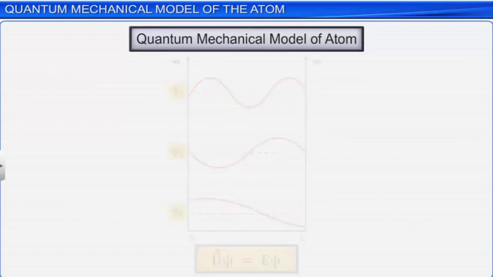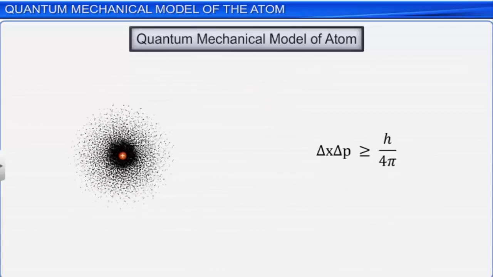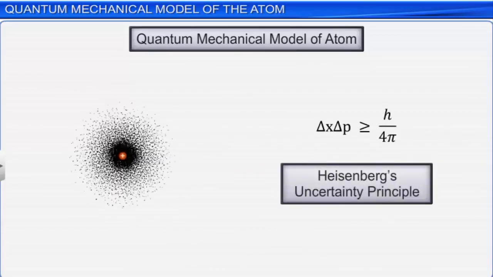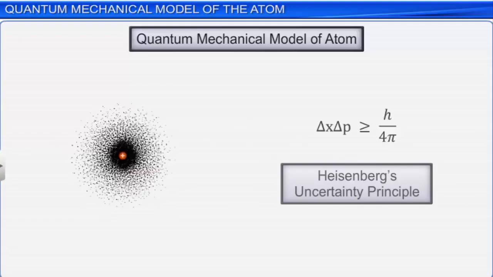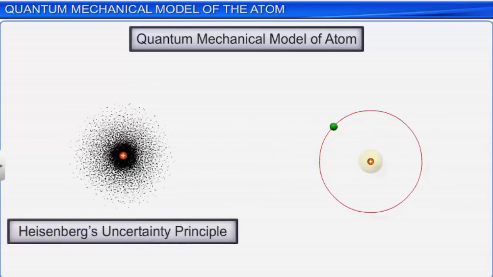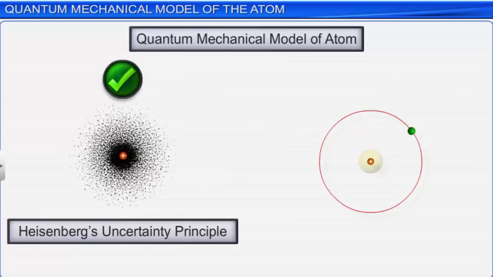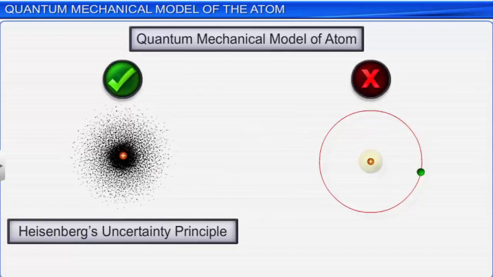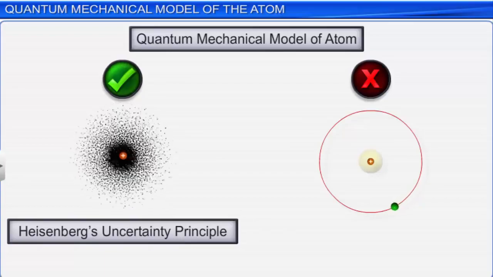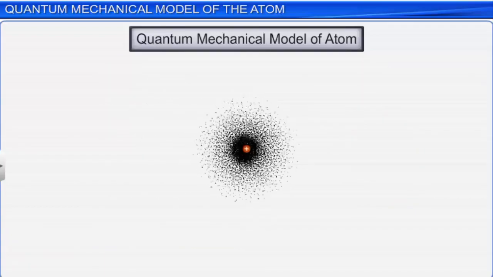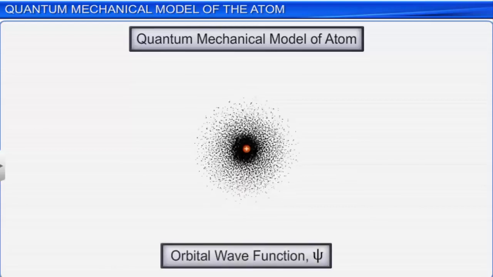The quantum mechanical model of atom supports the Heisenberg's uncertainty principle and says that one can only determine the probability of finding an electron at different points in the atom, but not its exact path. The atomic orbital for the electron is given by its orbital wave function psi.